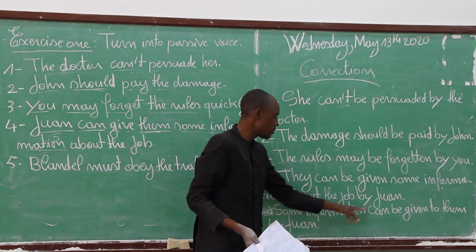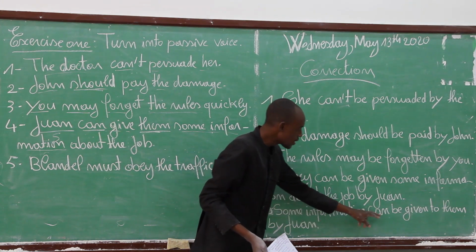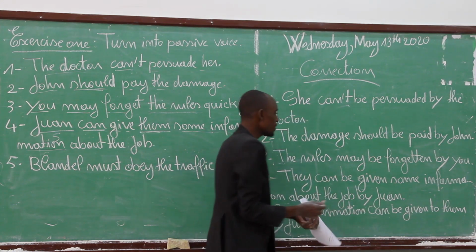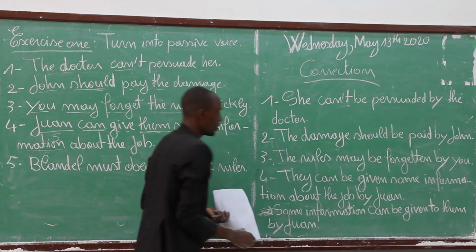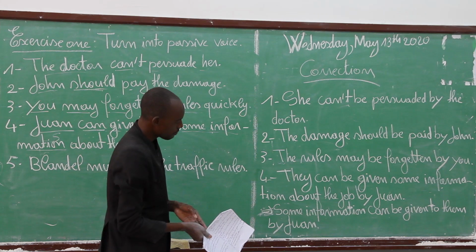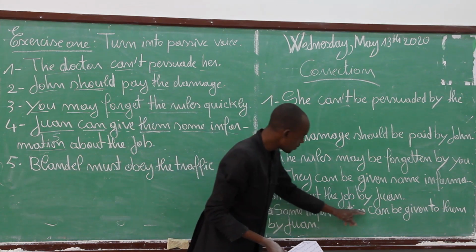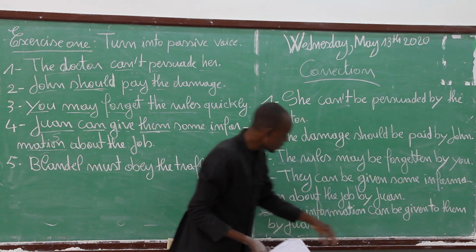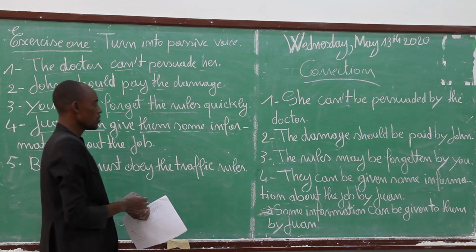Okay, we have about job. Some information about job can be given to them. Yes, there is the problem of places; we can add about job. Some information about job can be given to them by Joan.